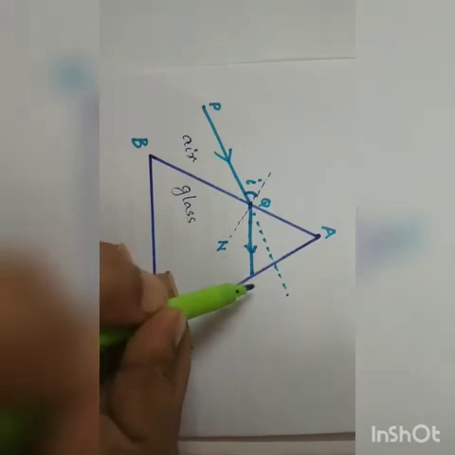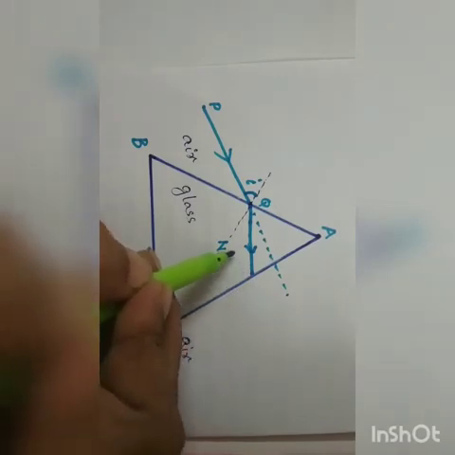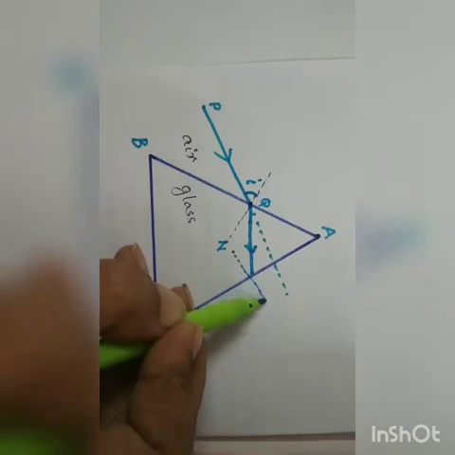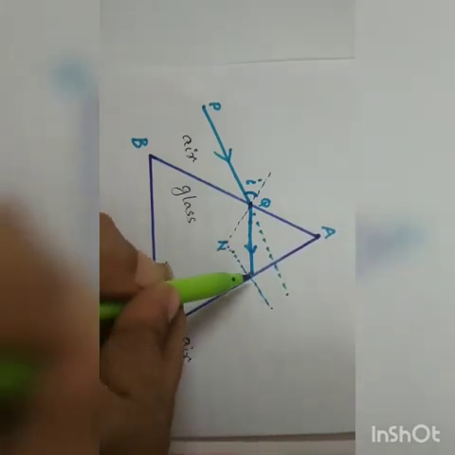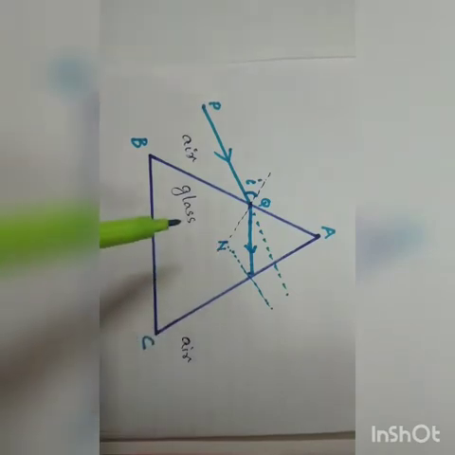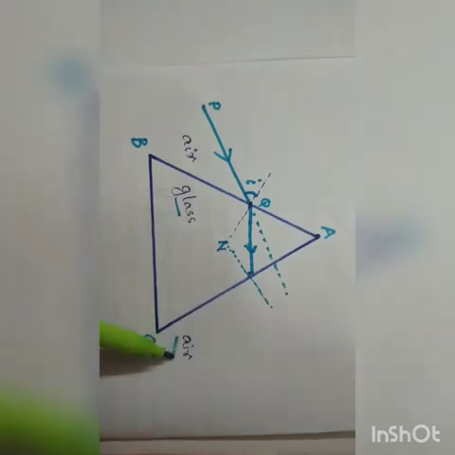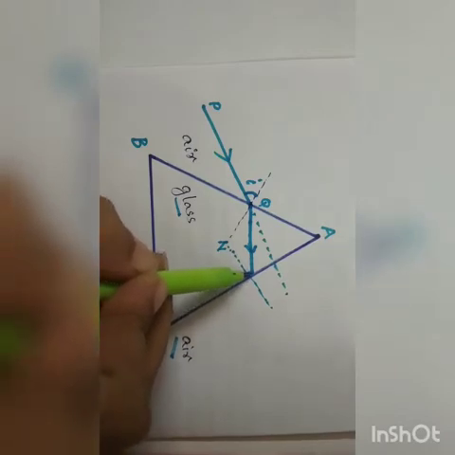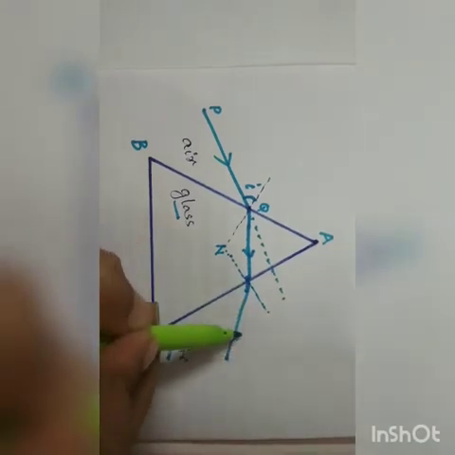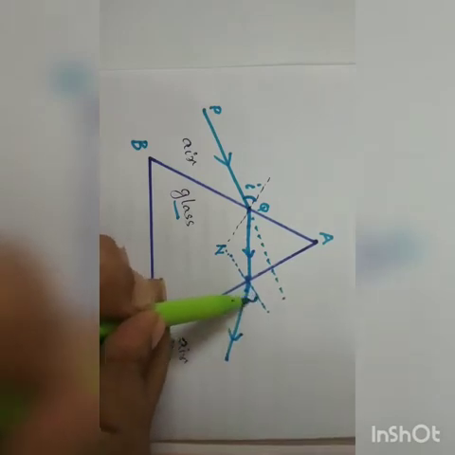Let me draw the normal to this phase with the normal 90-degree line. So this is the normal, and at this phase again it is moving from glass to air. So what happens? It bends away from the normal. So it moves out like this. And this is the angle of emergence.